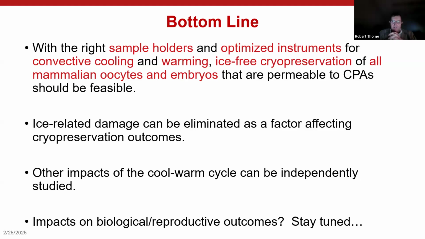But when you're using a flat support like a cryotop that's so much bigger, it's a lot easier to get more. There's more scope for variability in how much liquid's transferred, and that could be a factor in why the reproductive outcomes are variable. Because of course that affects both cooling and warming. Right.